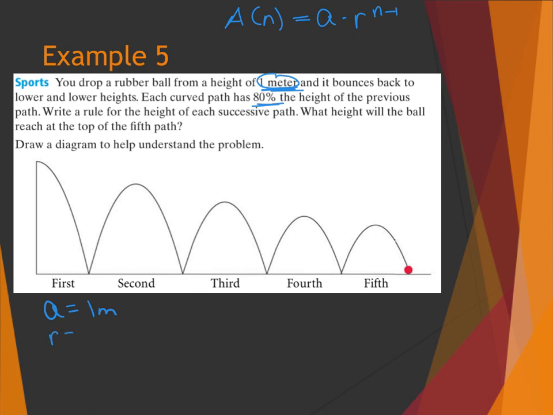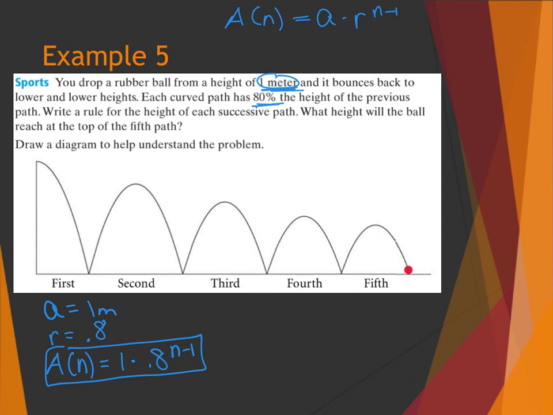So my r value then is going to be 80%, or 0.8. So now that I know my r value and my a value, I know that my generic equation is going to be A of n equals 1 meter times 0.8 to the n minus 1. So this is my equation that I'm going to be using here.